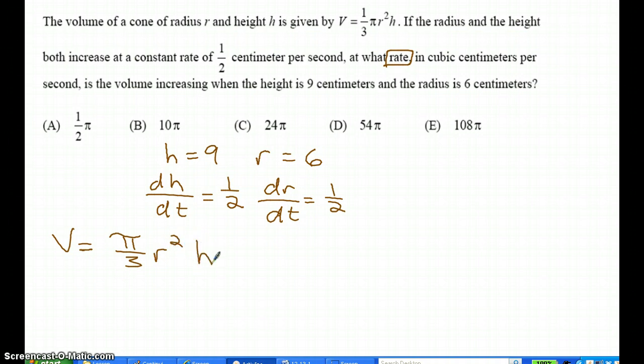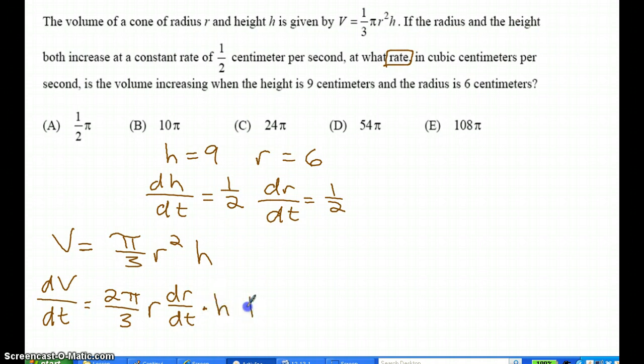So we're going to use the product rule. So we've got dv dt equals, so I'm going to derive the first part of it first and leave the second part alone. So I've got 2 pi thirds r dr dt times h. And now I'm going to leave the first part alone, I'm sorry, and take the derivative of the second part.